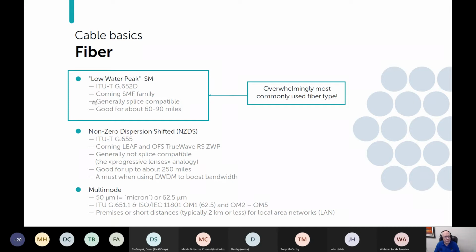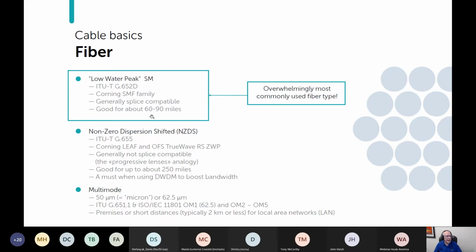An important thing for you as a user to know is that fiber from different fiber suppliers, so Corning, OFS, and others, are generally splice compatible in this fiber classification and good for around 60 to 90 miles. Again, the overwhelmingly most commonly used fiber type.